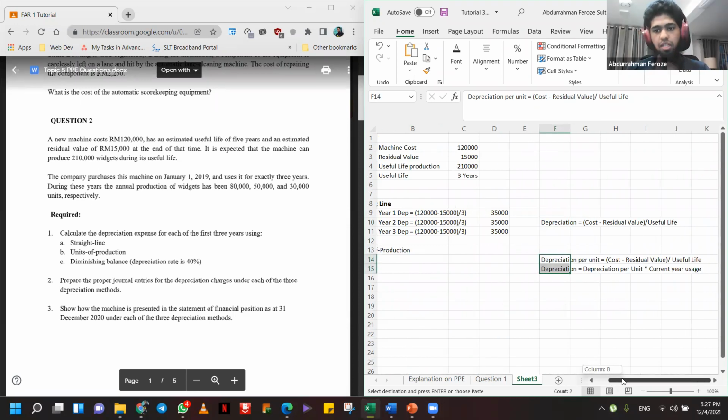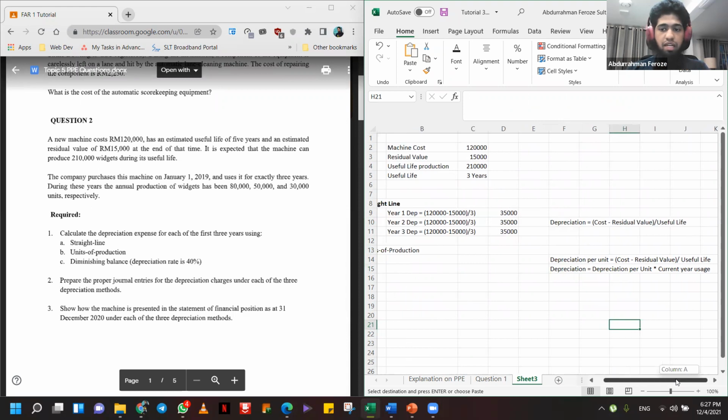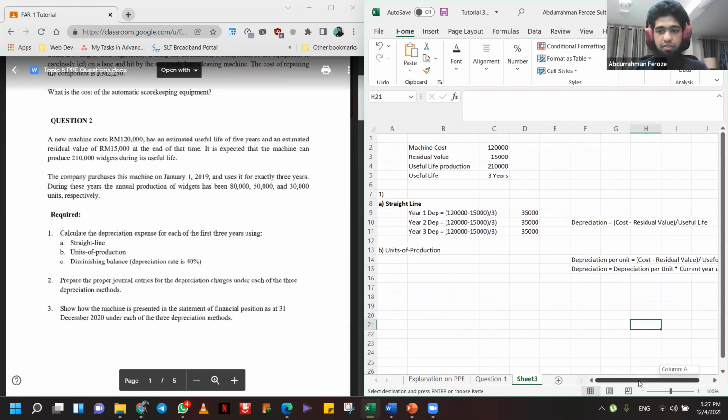Units of production has 2 steps. The first is to calculate the depreciation per unit, and then you can calculate the depreciation itself. So first we calculate the depreciation per unit of this machine. During this machine's entire life, it produces 210,000 widgets, which is the product. The depreciation is based on how many widgets are produced per year.